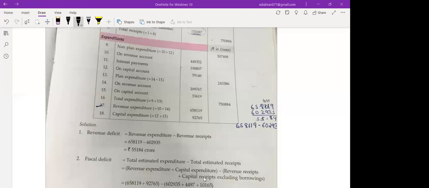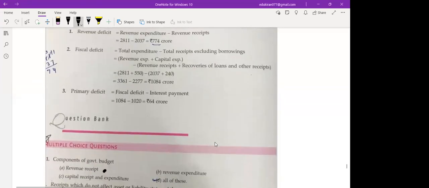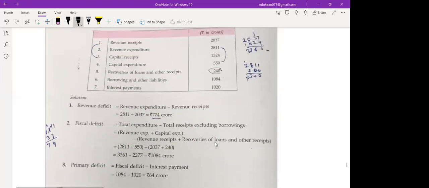Ma'am, could you show the solution of the last question we solved? You can scroll back. Ma'am, in finding fiscal deficit, isn't it total receipts excluding borrowing? So don't we have to deduct borrowing from this?